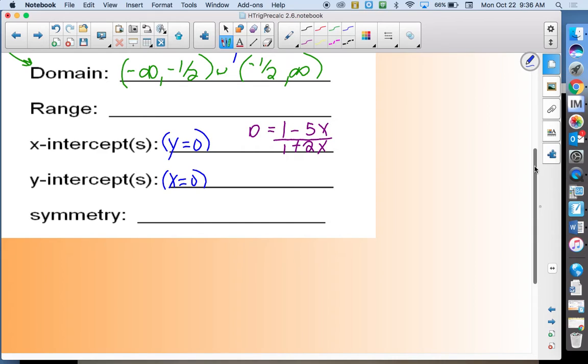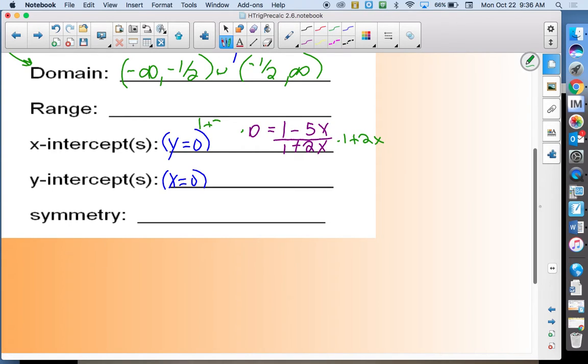Well, you'd have to take part of it to the other side so that the x would be by itself. So you would need to take whatever's in the denominator to the other side. If you multiply that denominator to the other side, Ben, what happens?